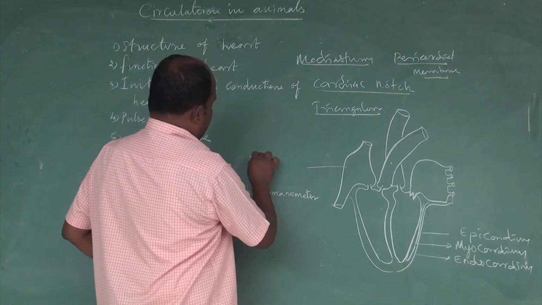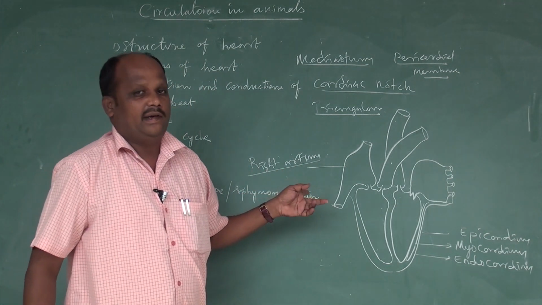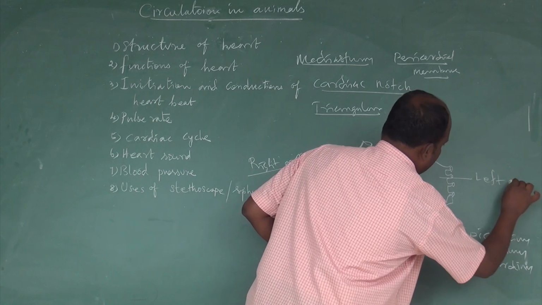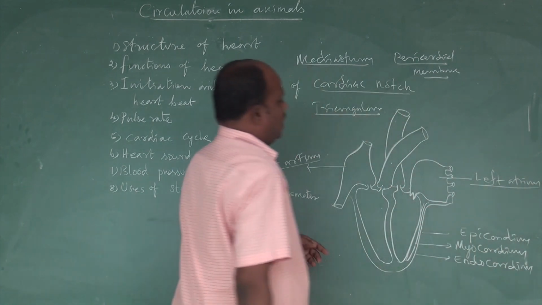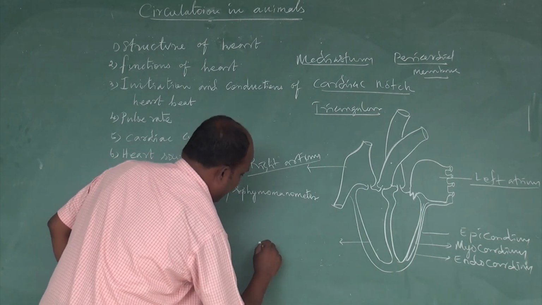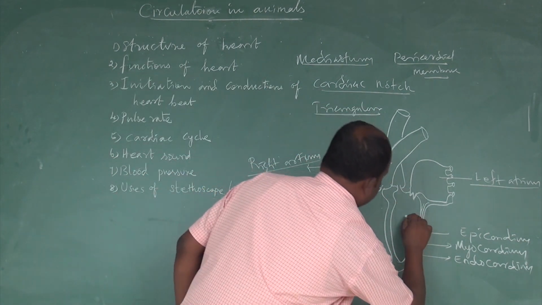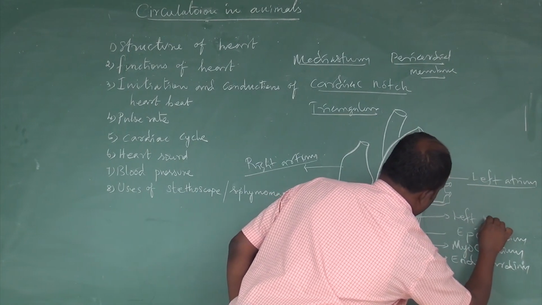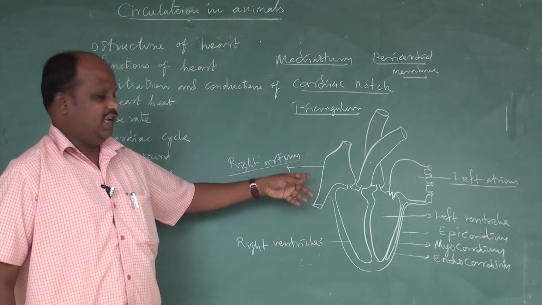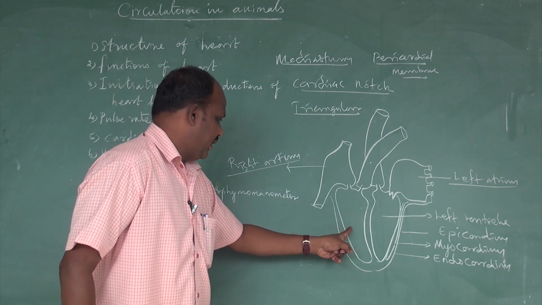One is the right atrium, otherwise called the right auricle. The second is the left atrium, otherwise called the left auricle. The lower two chambers are the right ventricle and the left ventricle. So the human heart is anatomically divided into four chambers: right auricle, left auricle, right ventricle and left ventricle.